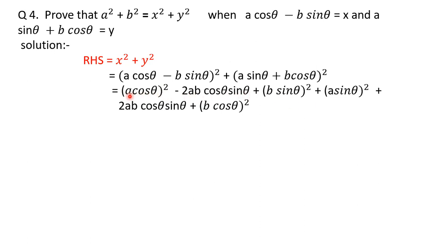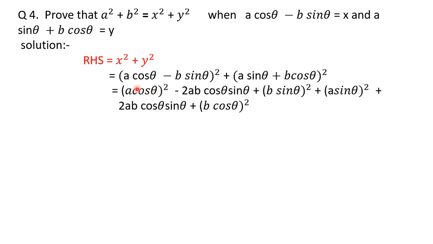So we can write a cos theta whole square minus 2ab cos theta into sin theta plus b sin theta whole square. Similarly, for the second, a plus b whole square, we can open it: a sin theta whole square plus 2ab cos theta into sin theta plus b cos theta whole square.